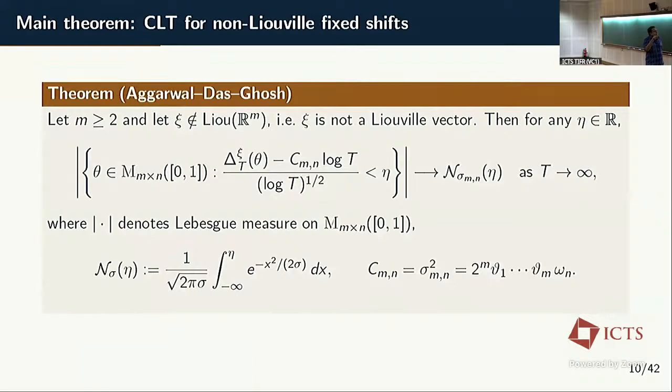He proved that asymptotically, it's roughly a constant times log t. So I'm going to subtract the main term, normalize, and try to see how this deviates from the mean. I'm going to look at the set of matrices for which this normalized difference from the mean is less than eta, and see what happens to it. And the answer is that this actually converges in distribution to the Gaussian.